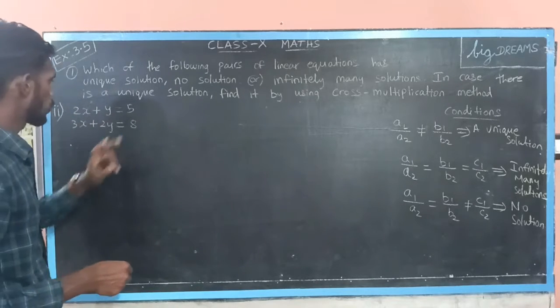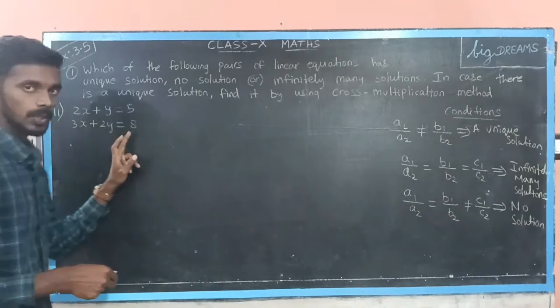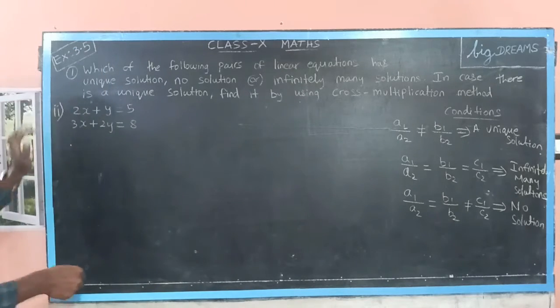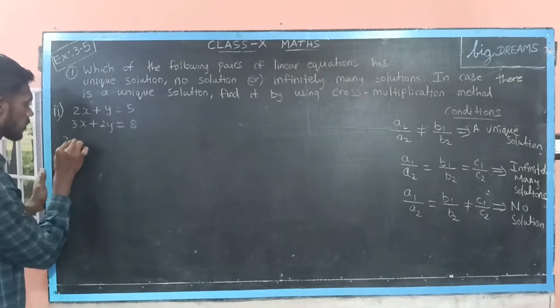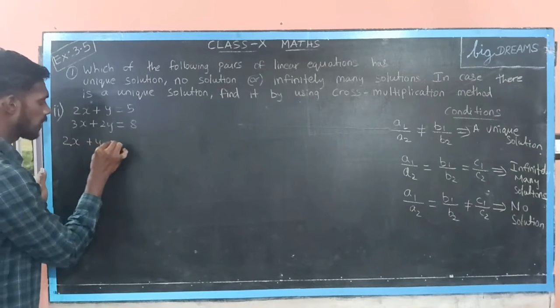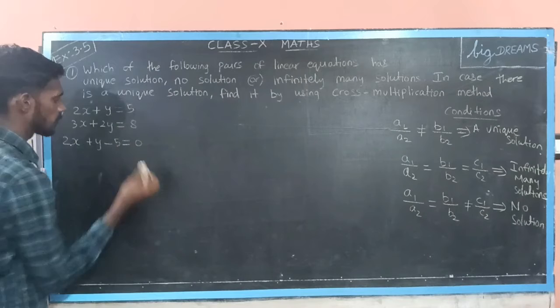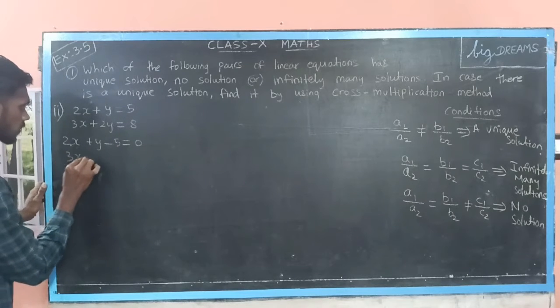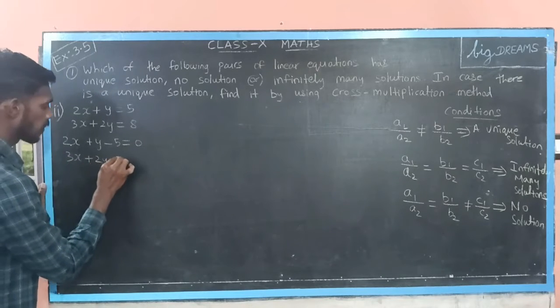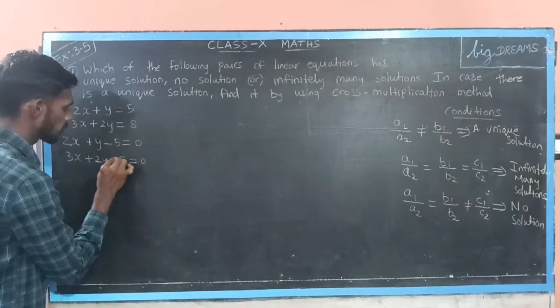Okay. Next, the second subdivision: 2x plus y is equal to 5, 3x plus 2y is equal to 8. First write the equations in the standard form. So it is 2x plus y minus 5 is equal to 0, then 3x plus 2y minus 8 is equal to 0.